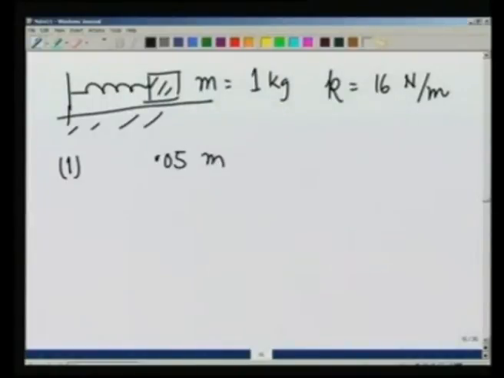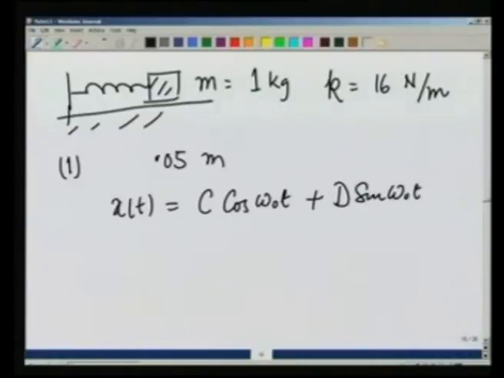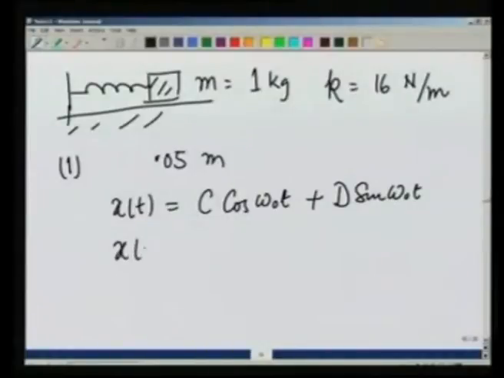Let us see what happens. So in general the solution x(t) is C cosine of omega_0 t plus D sine of omega_0 t, and as I said earlier, C and D are determined by the initial conditions. The initial conditions given are that x at time t equal to 0 is 0.05 meters, and since we have just released it, x dot at t equal to 0 is 0.